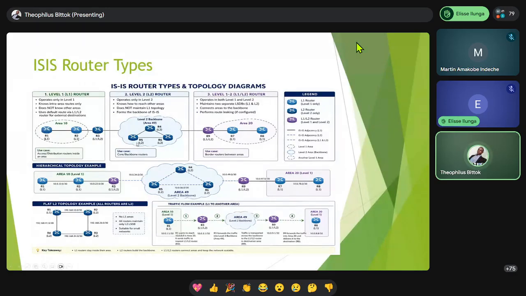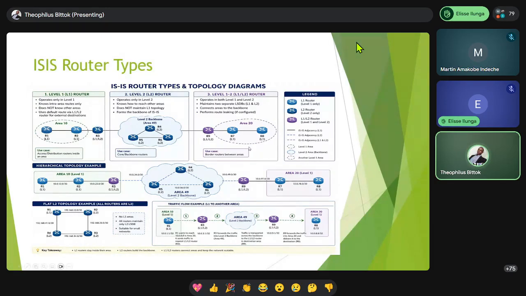But an L2 router cannot form an adjacency with an L1 area. Now, I told you for this L1 L2 router, when it is advertising, it has the attached bit. The attached bit has the default route to the other areas.